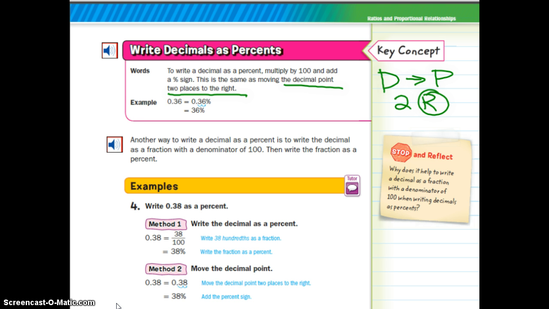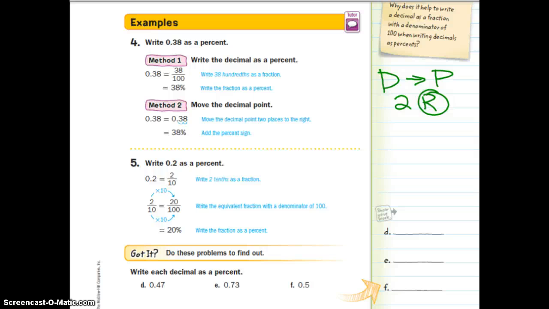So again, when you're doing this, think about what place value it is, and then once it's over 100, it's the percent. Let's do the exercises. So in example number 4, we want to write 0.38 as a percent. That's 38 hundredths, so we write it over 100. Once it's over 100, we know it's a percent.